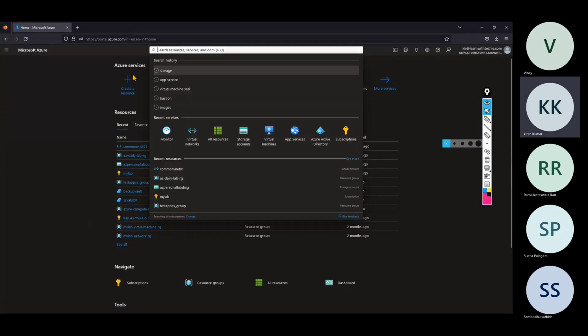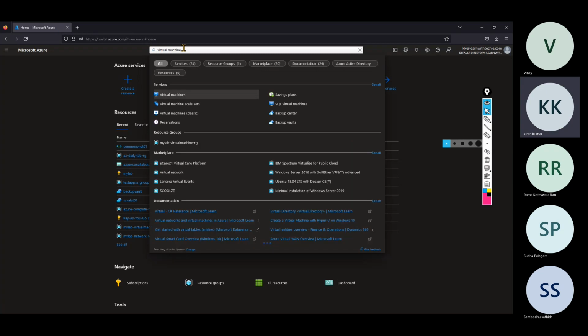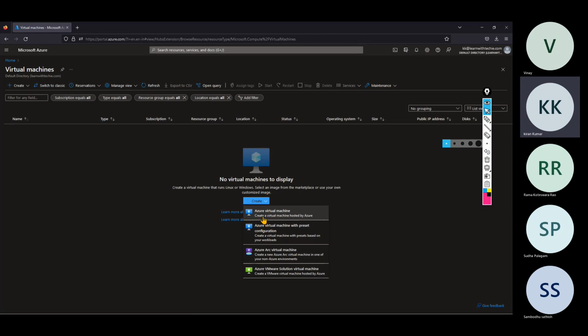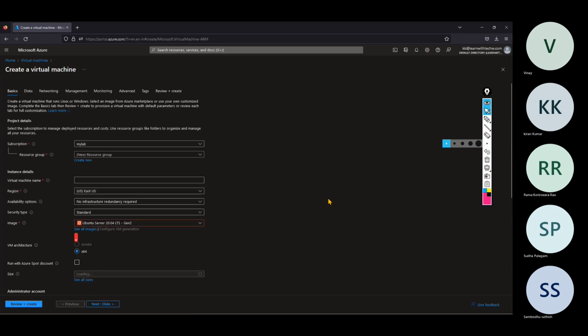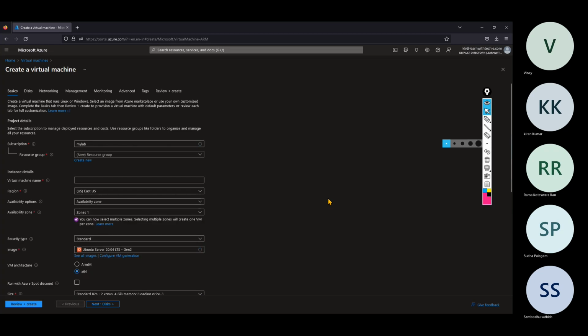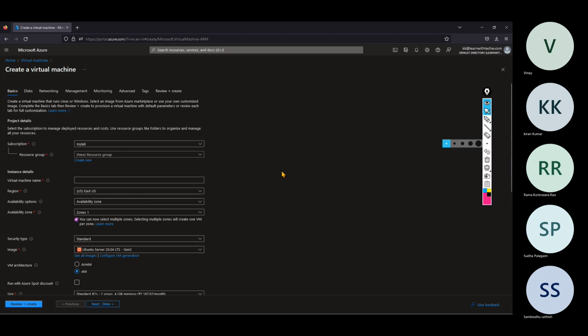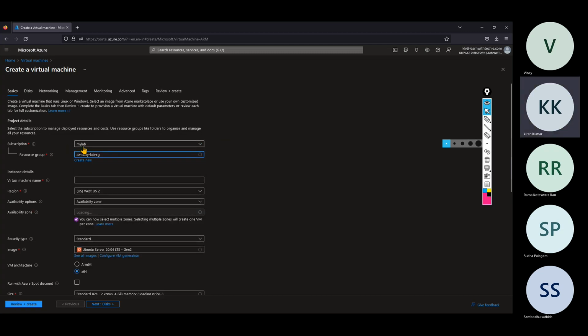Suppose I'm going to create one virtual machine. Create virtual machine. Here I'm going to provide the subscription, resource group and virtual machine name.